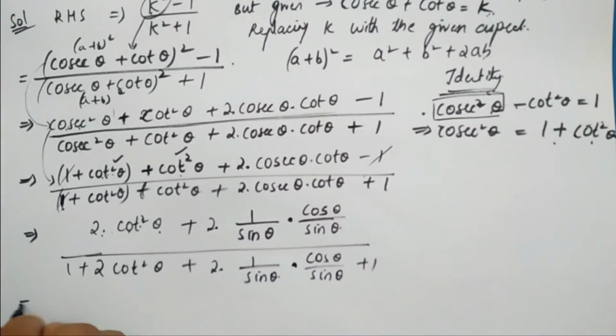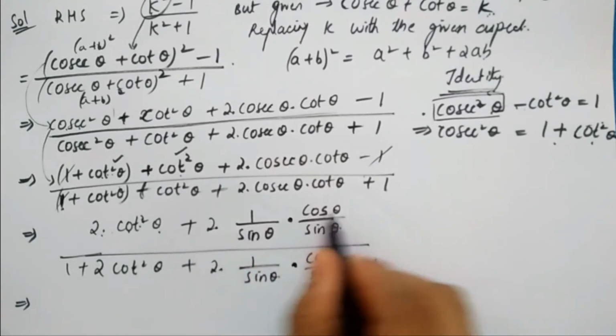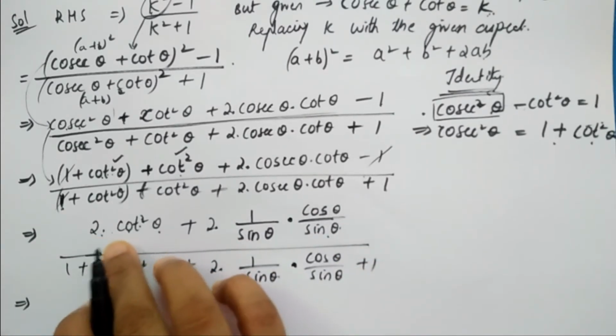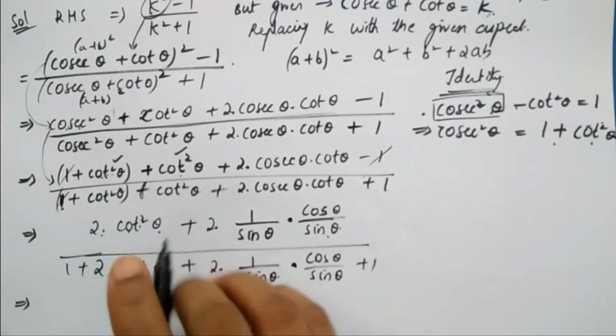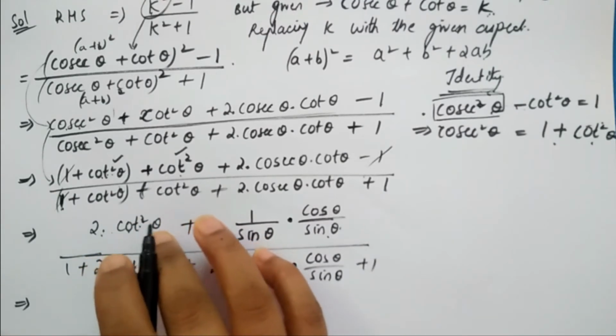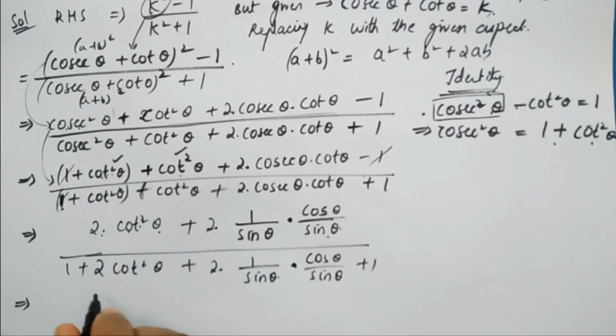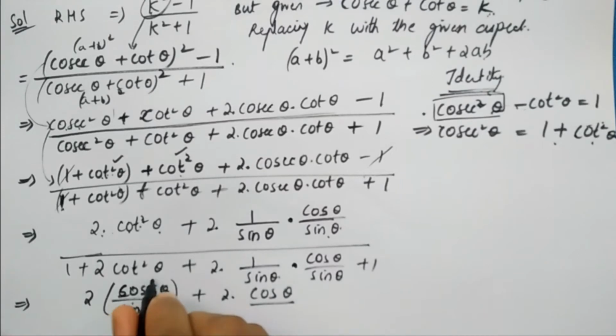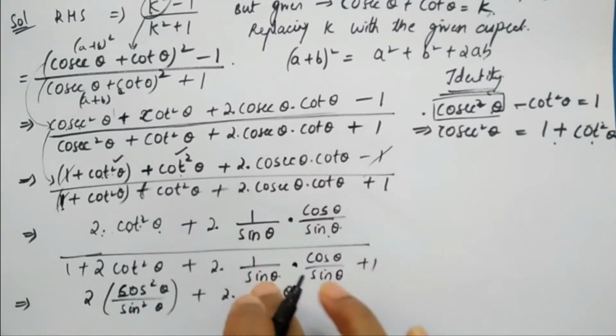Now since we converted all these things into cos and sine, let us convert this cot into cos and sine too. 2 into cos square theta by sine square theta plus 2 into cos theta divided by sine into sine, since 1 into cos theta is cos theta.